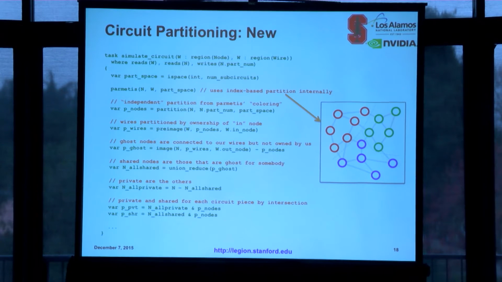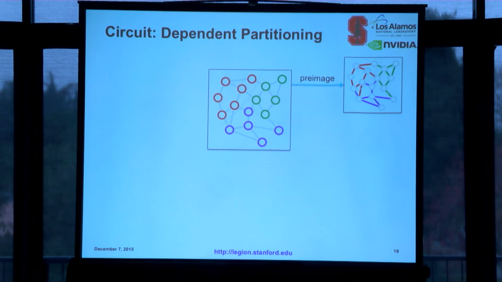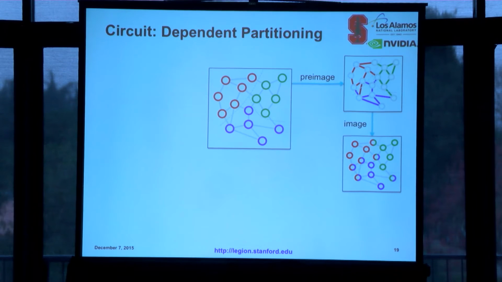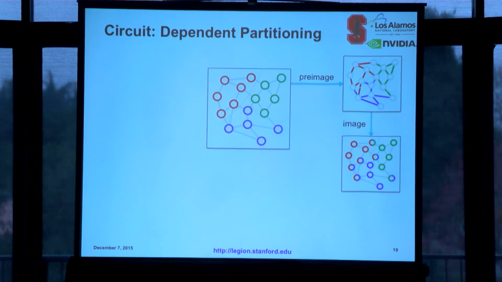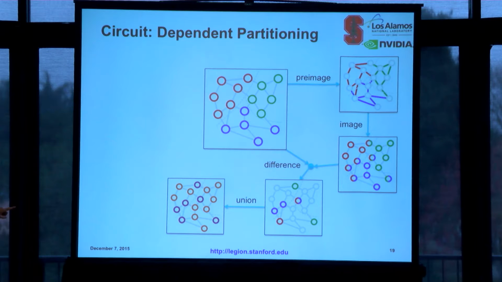And instead of walking through lines of code, I'm just going to show you this picture again from before, except I'm going to label them now. So we got the wires by doing a pre-image on one of our pointers from the nodes. We then did an image on the wires through its other pointer to see what it could reach. The difference of those two was our ghost nodes. The union of all the ghost nodes is the purple shared nodes.